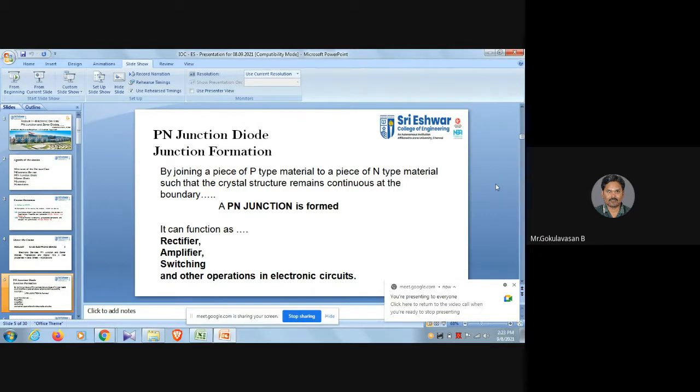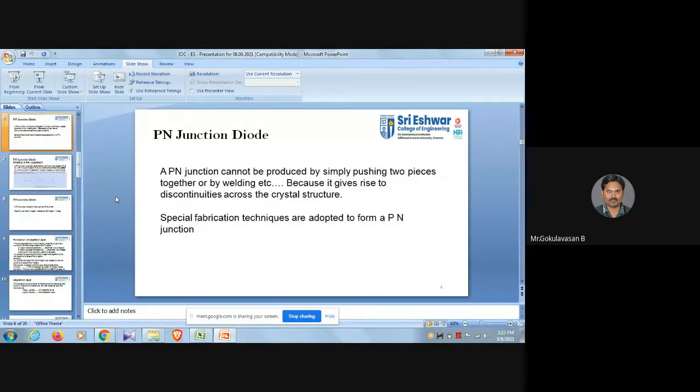So where it finds its application, that matters a lot. It can be used as a rectifier, amplifier, switch, and for other operations in electronic circuits. A PN junction cannot be produced by simply pushing two pieces together or by welding.